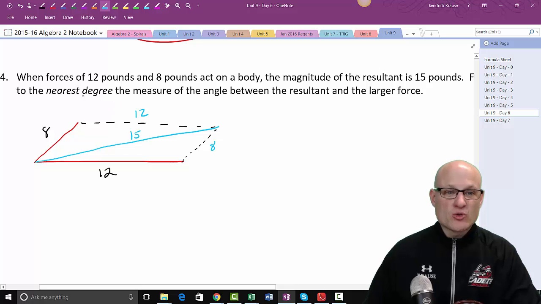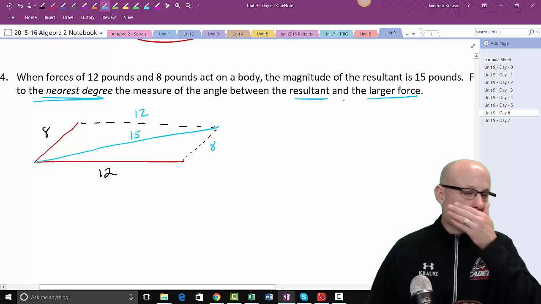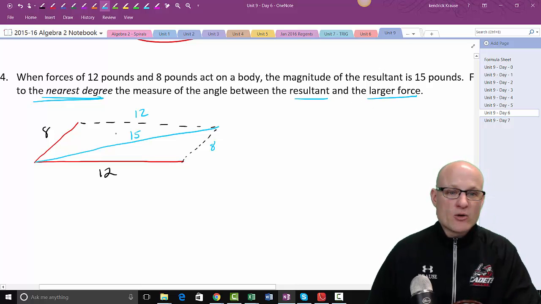Find to the nearest degree the measure of the angle between the resultant and the larger force. So I'm actually looking for this angle, x. But do you notice you don't have any angles?